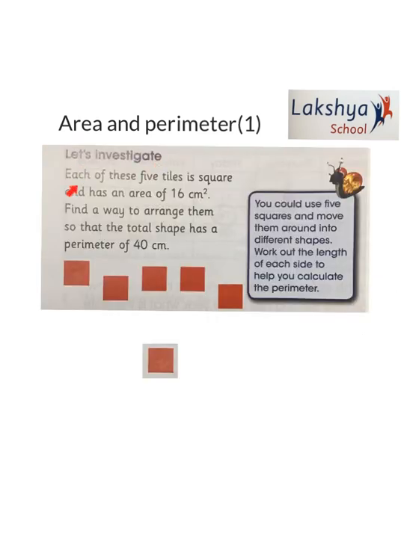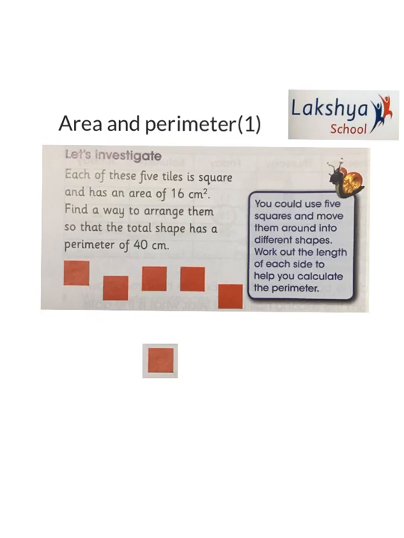Let's investigate. Each of these 5 tiles is square and has an area of 16 centimeter square. Find the ways to arrange them so that the total shape has a perimeter of 40 centimeters. Over here we have 5 square tiles.